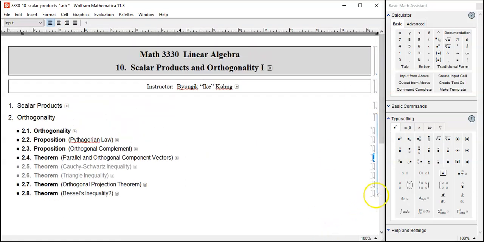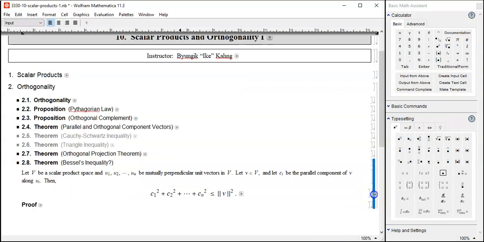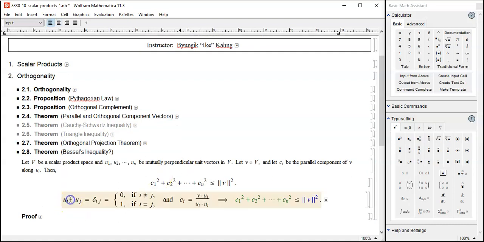Now let's go over to something important. Some people call it Bessel's inequality, but I'm not exactly sure whether it can be called that. Anyway, here we go. Let V be a vector space with a scalar product, and U1, U2, U3, U4, all the way to Un be mutually perpendicular unit vectors. So they're perpendicular: Ui dot Uj is equal to 0 whenever i and j are different.